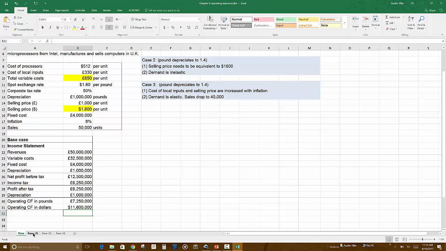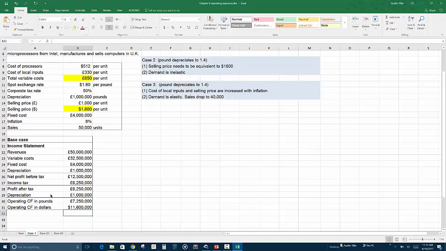Alright, so we're going to look at 3 variations, case 1, 2, and 3. For case 1, we're going to assume the pound depreciates to 1.4. When the pound depreciates, again, there are 2 effects, the competitive effect and the conversion effect. We're going to make different assumptions in the different cases.